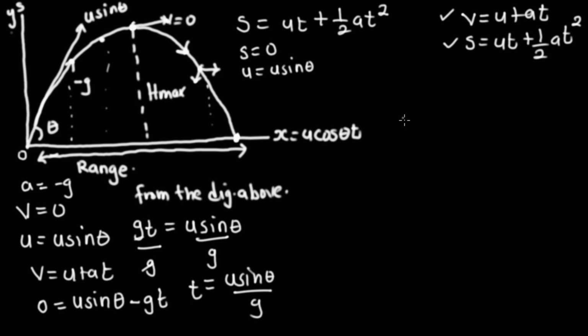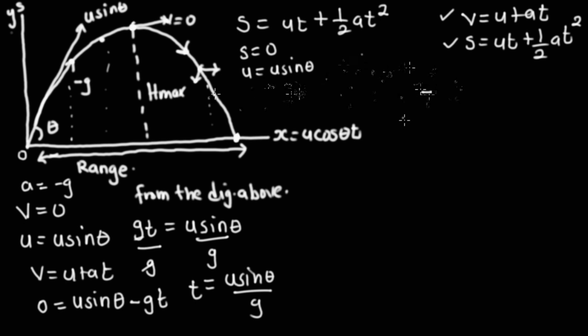So now, on plugging this in, we are going to have s equal to ut plus half at squared. Where we see s, we introduce 0. Where we see u, we introduce u sine theta. And when we see t, we introduce capital T, because that is what we are looking for. Negative half, because of the a, half gt squared.